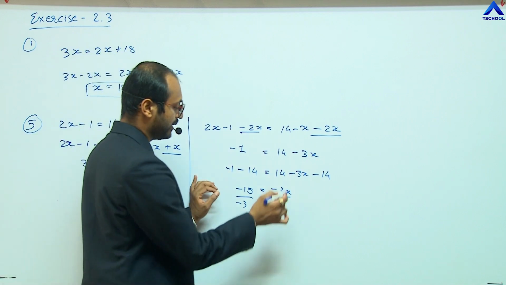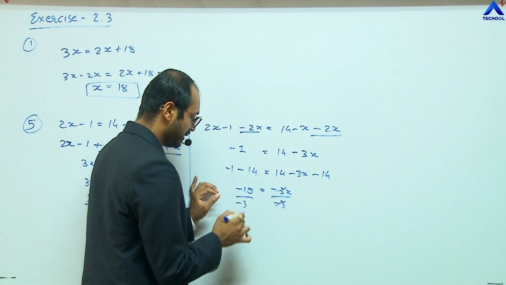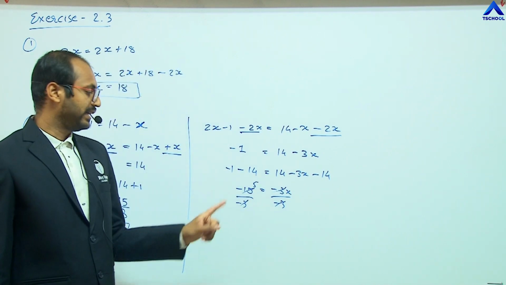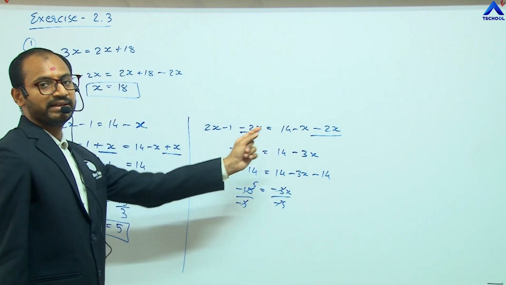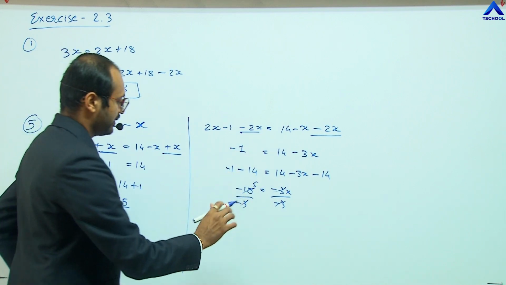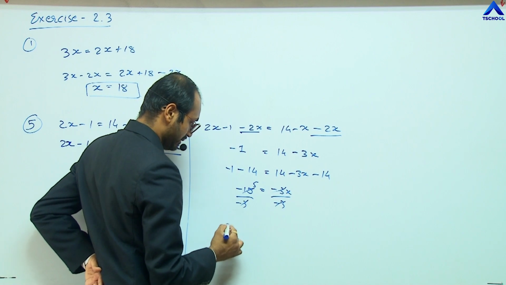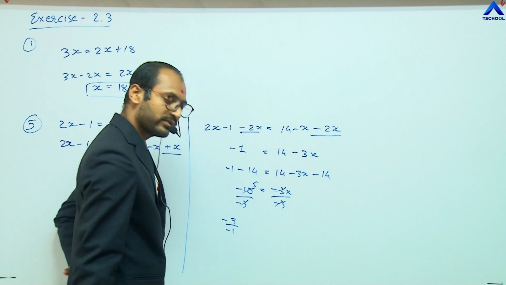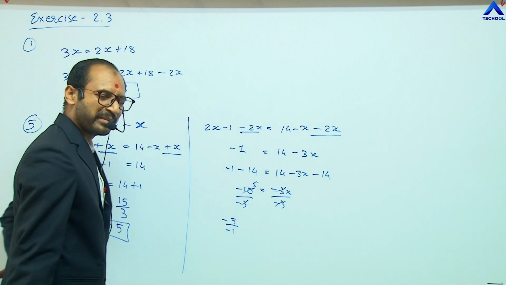So what we get here? Minus 3 will be cancelled. Here 3 5s are 15. And here the minus sign indicates it is a multiple of minus 1. Here we can consider that the answer is minus 5 by minus 1. We can cancel the minus sign.